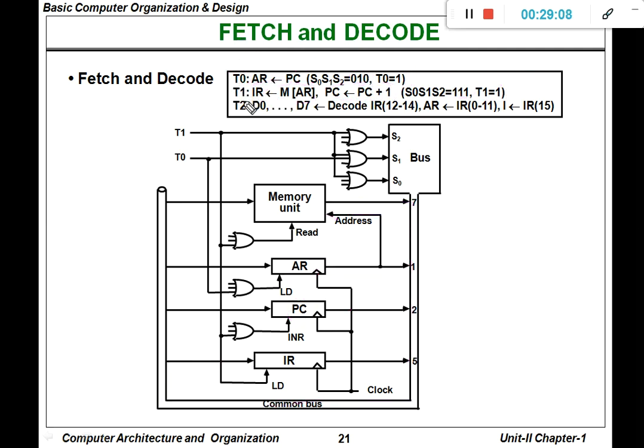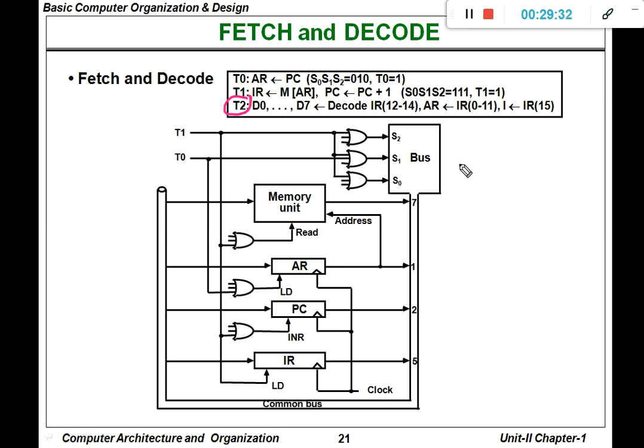At time t2, what we need to do is decode the instruction register. Already we have seen that the instruction register may contain different types of instructions: a memory reference instruction, a register reference instruction, or an input output instruction.